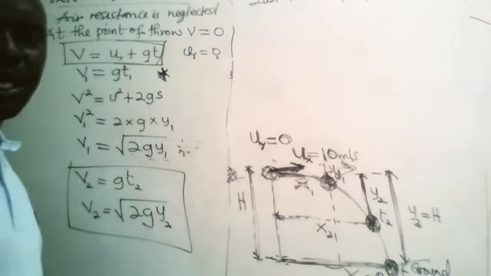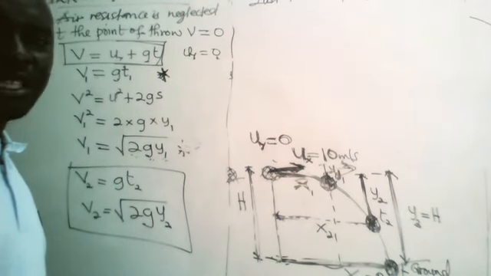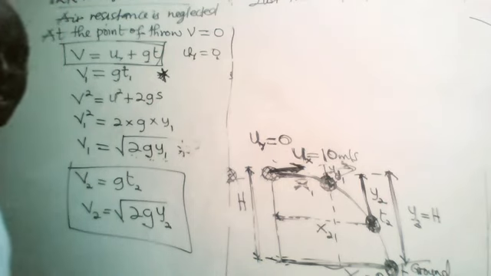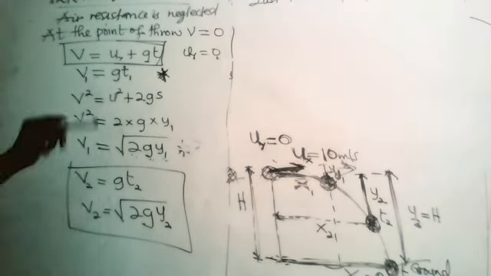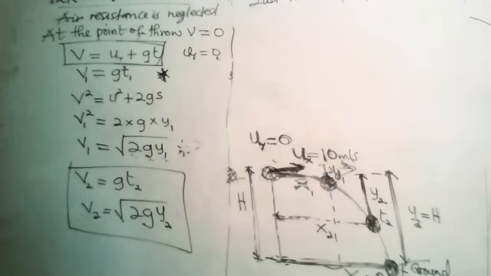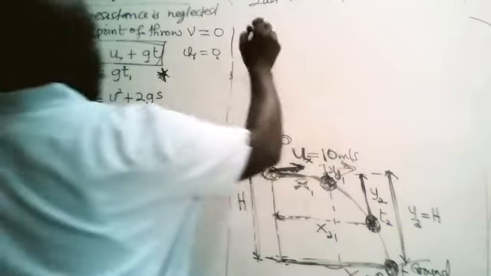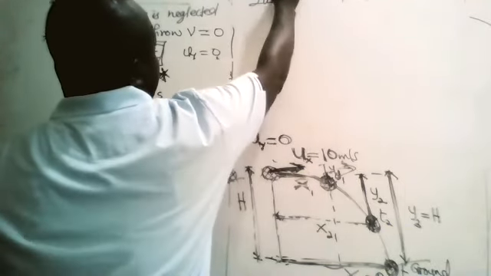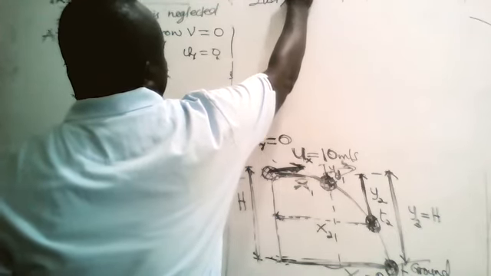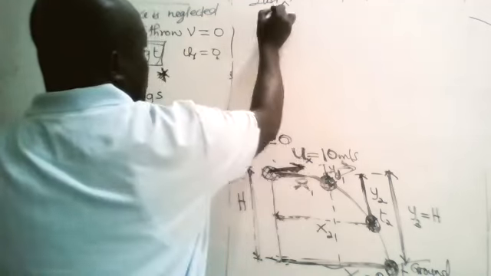So I want you to help me get an expression for the velocity of the body just before it hits the ground, in terms of time and in terms of vertical height. What will be the velocity there?